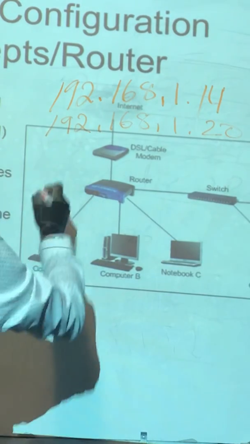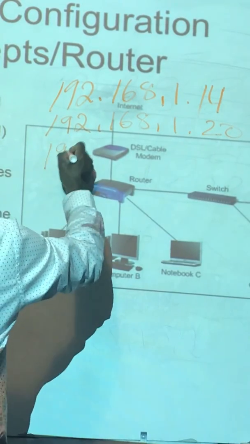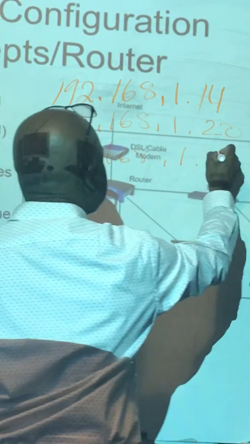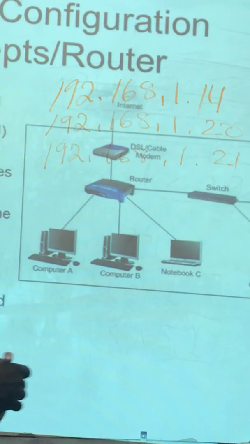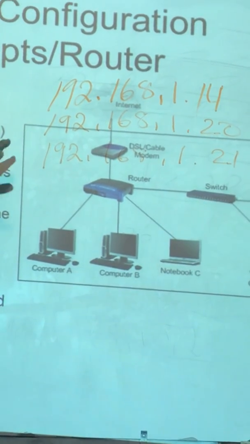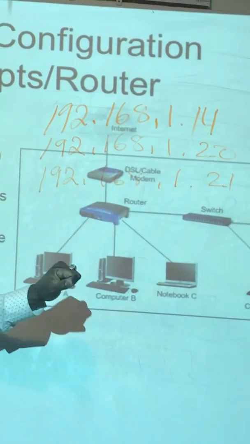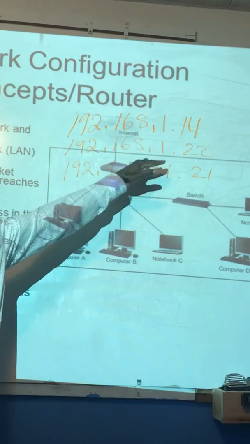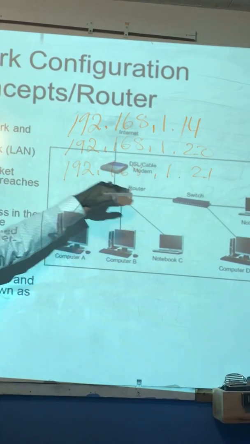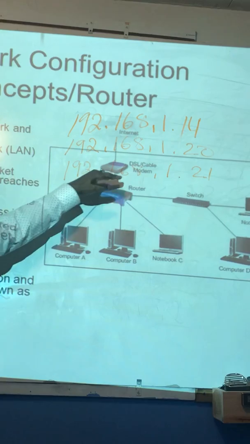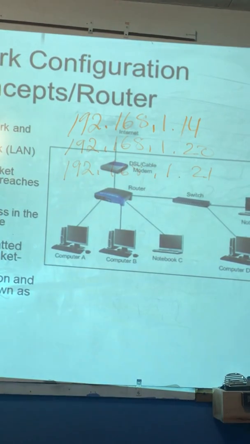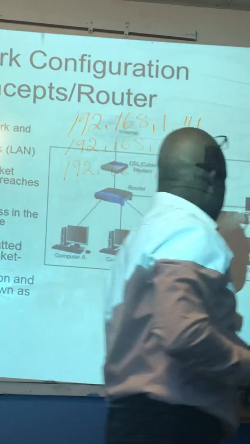I can have another one that has an IP address 192.168.1.21. What you can see, one is 192.168.1.14. Another one is 192.168.1.20. One is 192.168.1.21. What is the difference between those three?